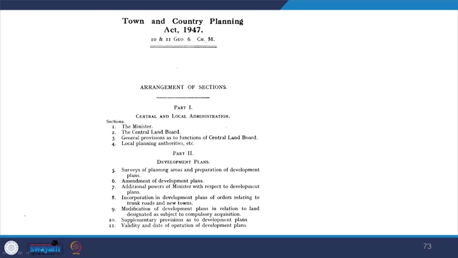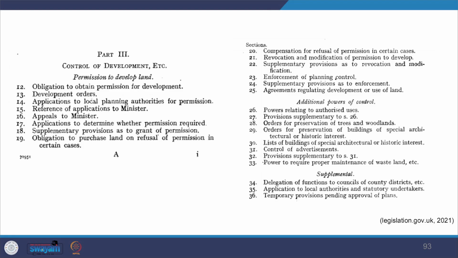So in this you can see the Town and Country Planning Act of 1947. In this you can see the provision for the development plan. It provides how to control the land use. Then you can also see the enforcement of planning control, and orders for preservation of trees and woodlands.